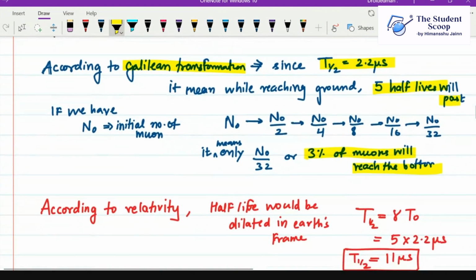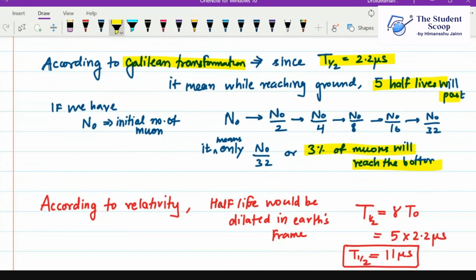Now according to relativity, the half-life will be dilated for the person on Earth because the muon is moving. The 2.2 microseconds was the half-life measured when the muon was stationary, but here the muon is moving, so we need to use the gamma factor. The dilated time turns out to be 11 microseconds.